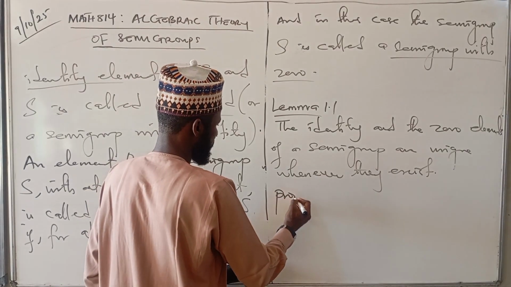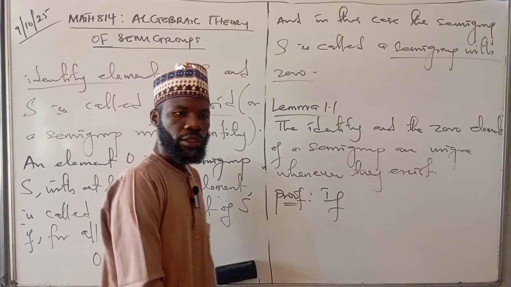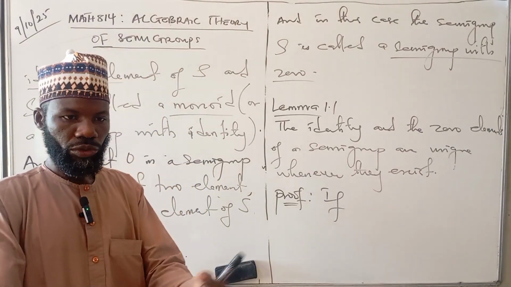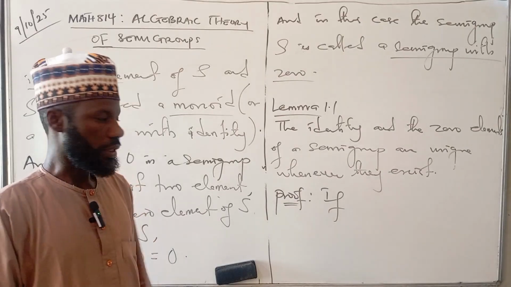This will not be difficult to see. We mostly do this by contradiction. You take two different identities and you see that they cannot be different, they must be the same.